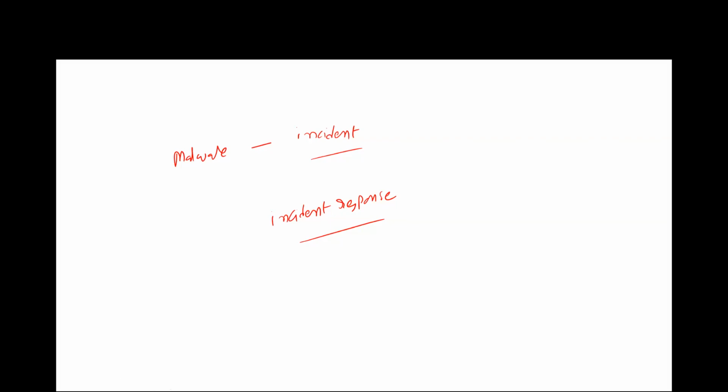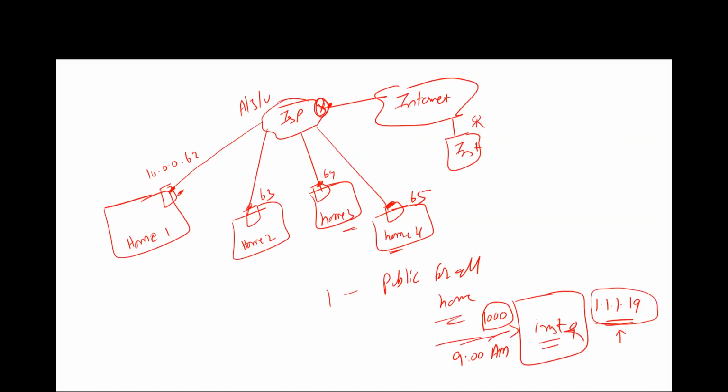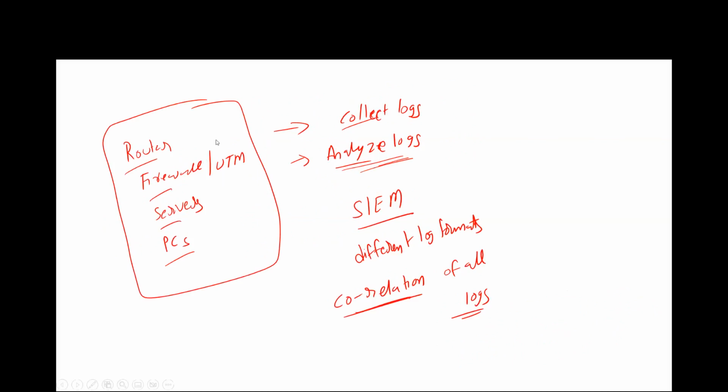SIEM solutions generally have very high system requirements, for a simple reason: SIEM is expected to take log messages from all different devices and do a correlation in real time. So SIEM solutions generally demand very high system resources. I'll give a simple example.